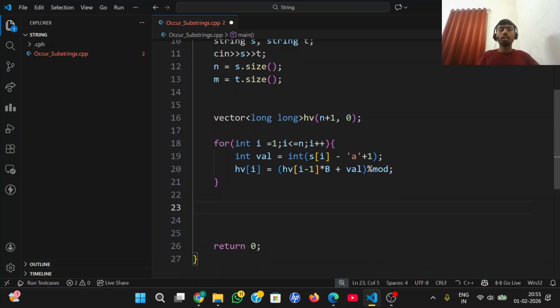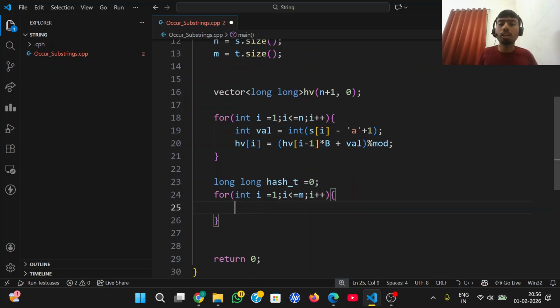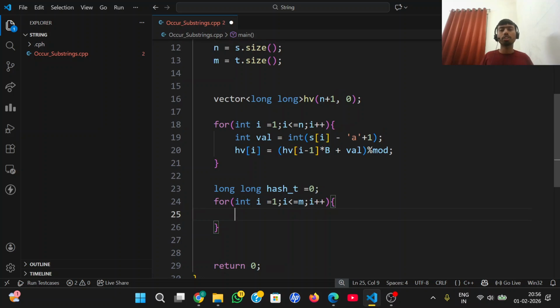In a similar way I will calculate the hash value of string t, which is initially going to be 0. Then you start from index i is equal to 1 to index m. I will not store the hash value of string t as a vector because it is not needed here, only needed for the string s.